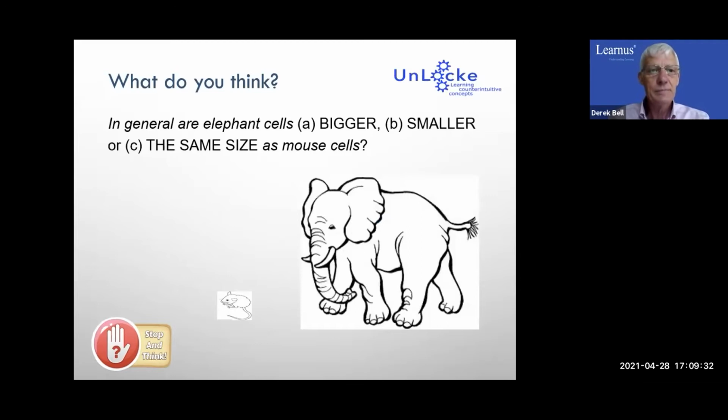In general, are elephant cells bigger, smaller, or the same size as mouse cells? If you could submit your answers, please, and get the results up. Same size.